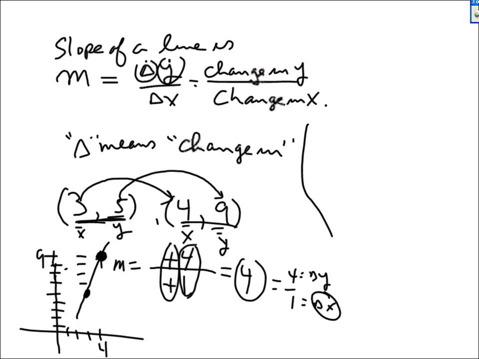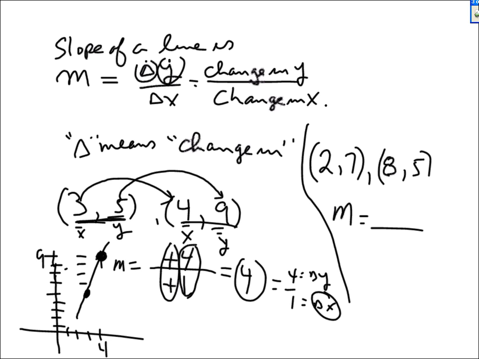If I told you 2 points were 2, 7, and 8, 5, find the slope. Well, from 7 to 5, you went down 2. And from 2 to 8, you went up 6.